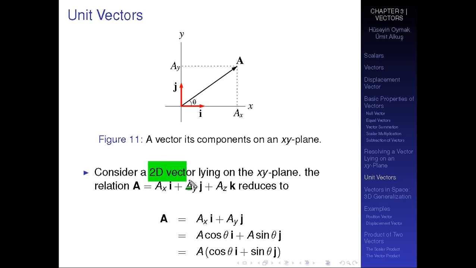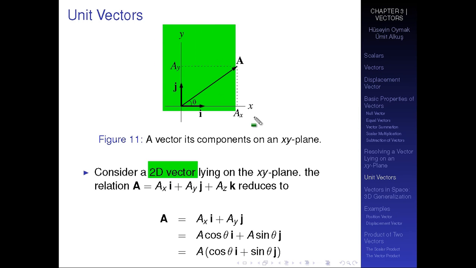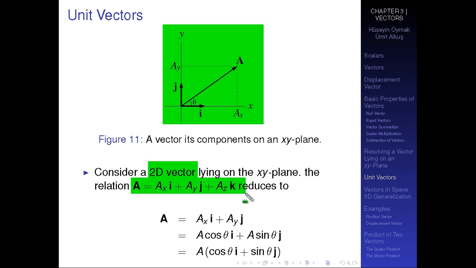Consider a two-dimensional vector A lying on an xy plane, as in this figure. Then the previous 3D vector relation reduces to A equals Ax I plus Ay J.